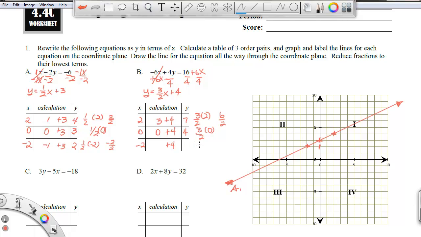And now we'll do the last one. We've got 3 over 2 times a negative 2. Well, that's a negative 6 over 2, divide that together, and I get a negative 3. And a negative 3 plus 4 is a positive 1. So there are my ordered pairs. I have 2 and 7.